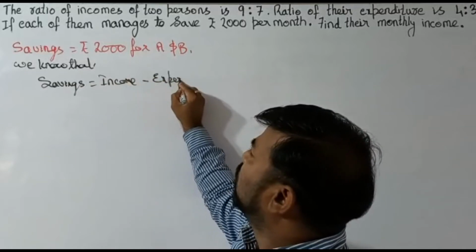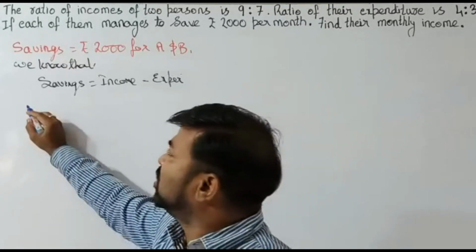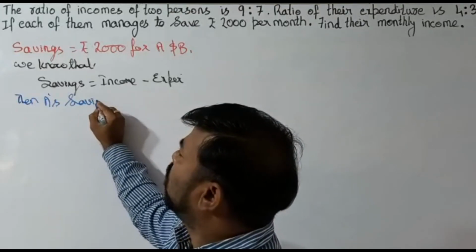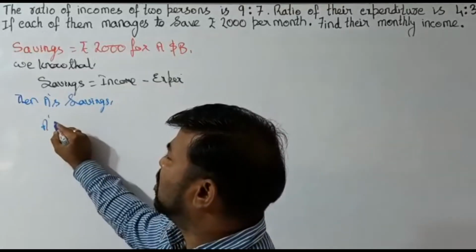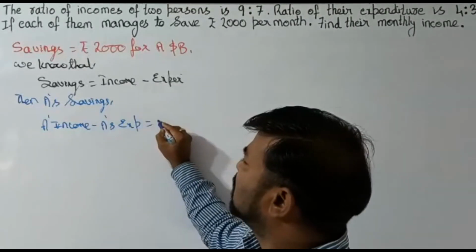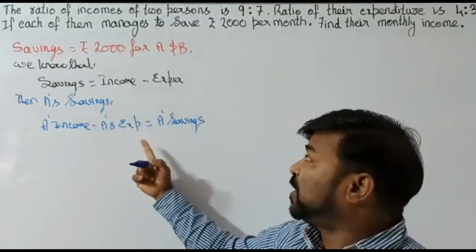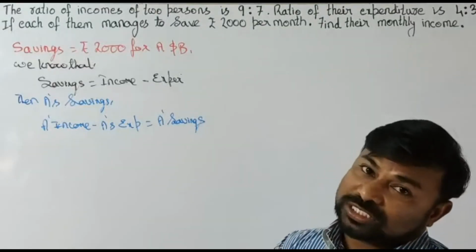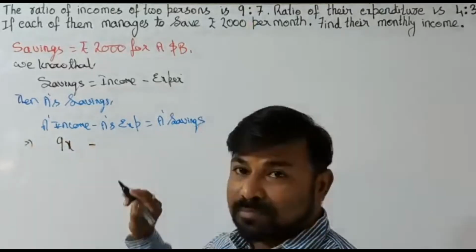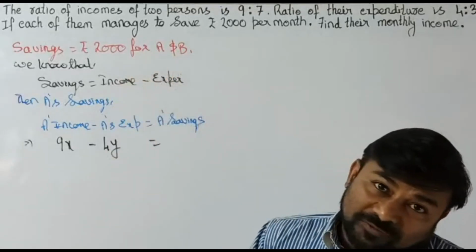So A's income minus A's expenditure equals A's savings. This is the formula. Now, A's income we calculated as 9x minus A's expenditure, which is 4y, equals the savings. Both of them are saving 2000.